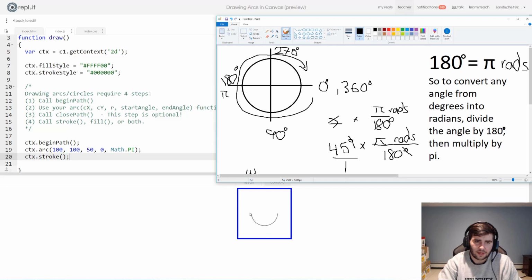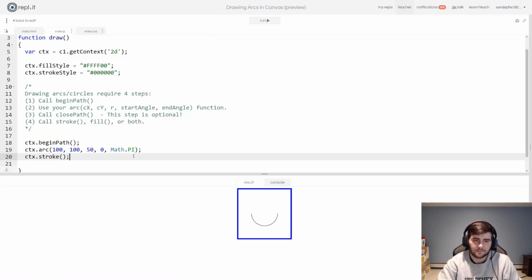This is my end angle, 180 degrees, or pi. And our center is right in between that at 100, 100. And the distance from there to there is 50 units from that center to any point on our arc. All right. So that's a decent start.